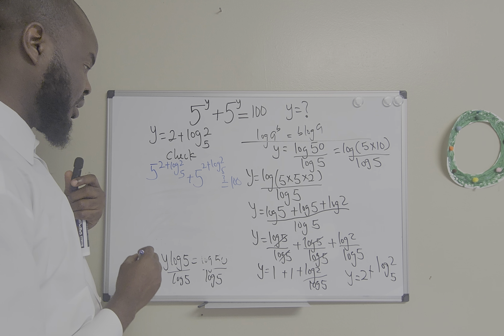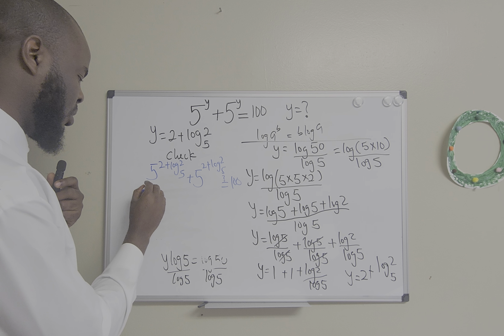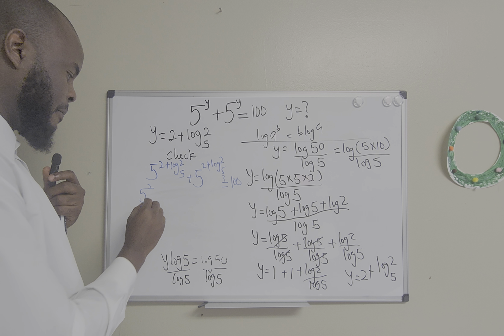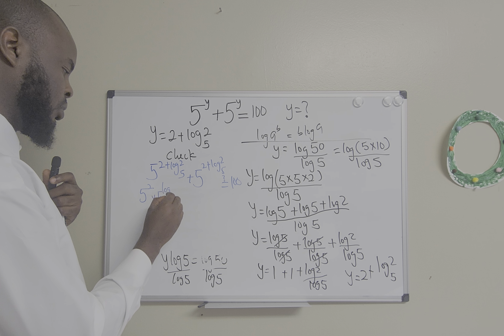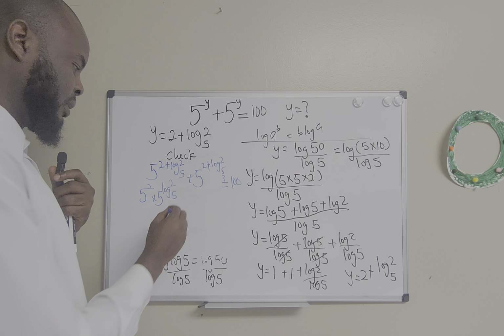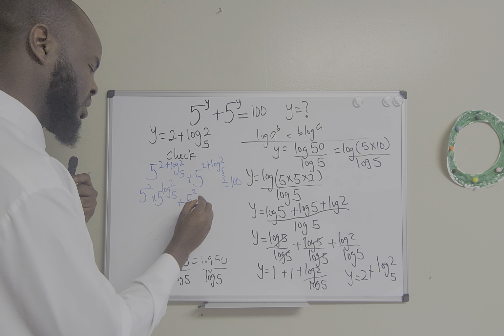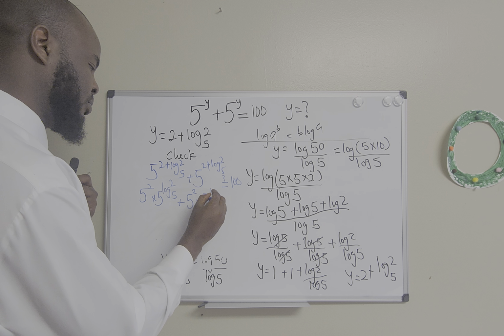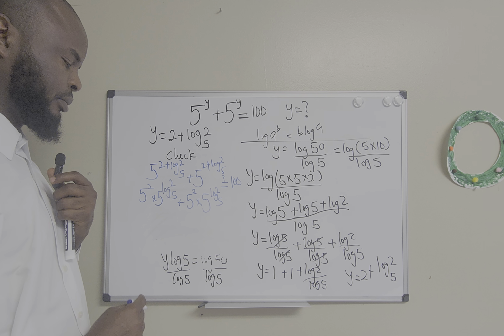And to confirm this, this can be written as 5 to the power of 2 multiplied by 5 to the power of log 2 base 5, plus 5 to the power of 2 multiplied by 5 to the power of log 2 base 5.